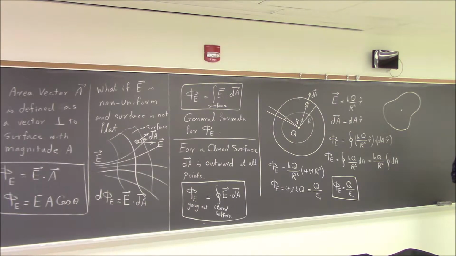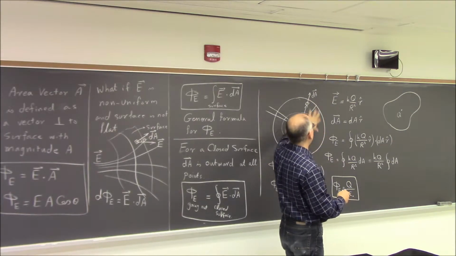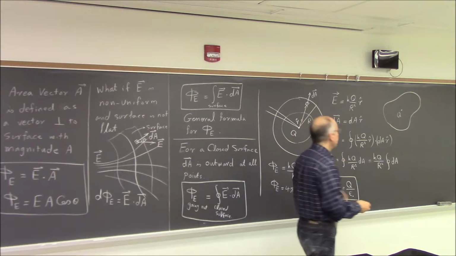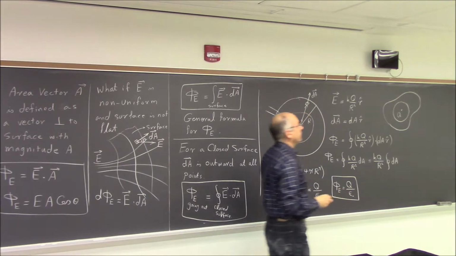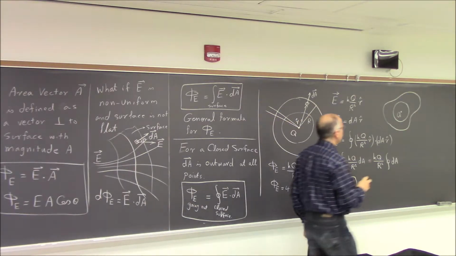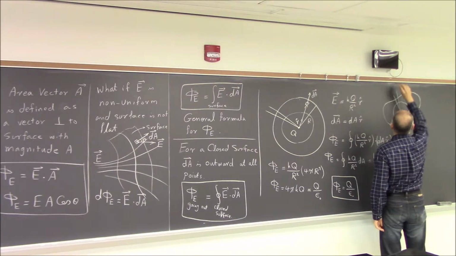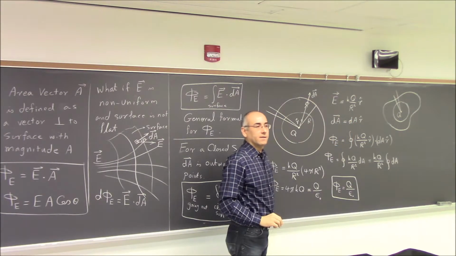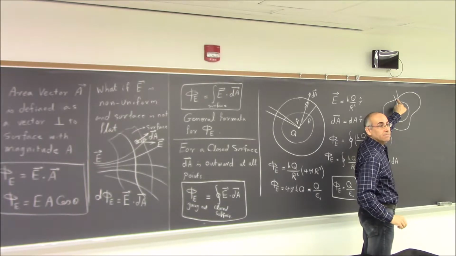What is the flux through this surface from this charge Q? I can put a sphere around that point, so that the charge is at the center. Now if you make the same cone in here, can I say that the flux going through this piece is the same as the flux going through this piece?